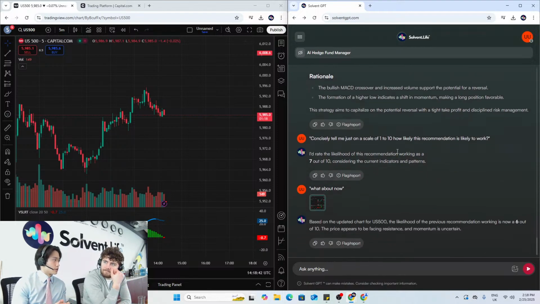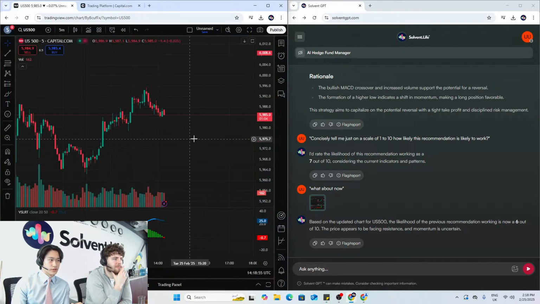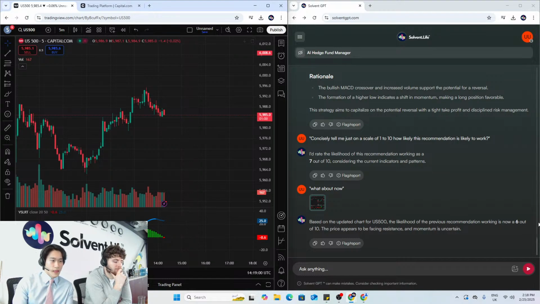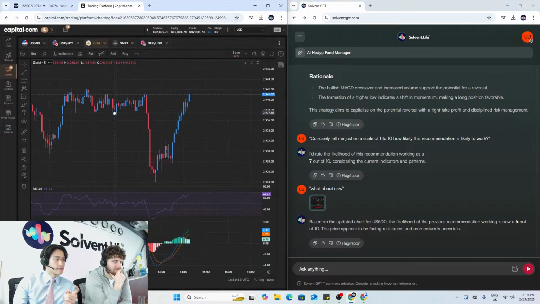I then asked how likely it is to work, and it gave us a 7 out of 10, which means most signals are aligning, but I'd say about 60% certainty. After reinforcing it with another screenshot of the chart, it gave us a 6. So I don't think we're going to be entering here.